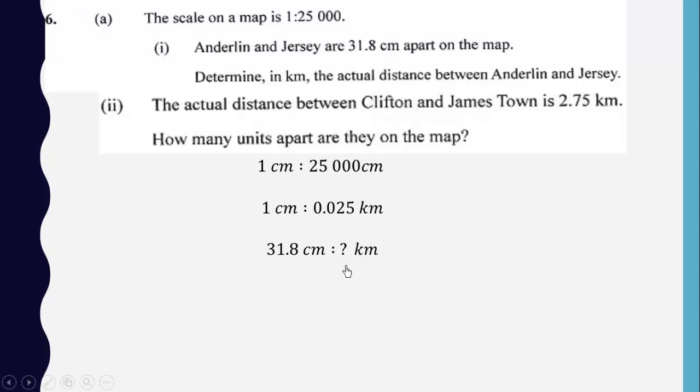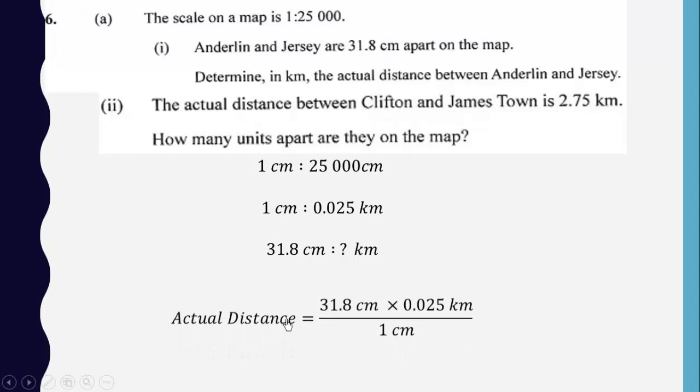Now to do that, we need to do some analysis over here. If 1 centimeter corresponds to 0.025 kilometers, then 31.8 centimeters will correspond to something more or something less? So you can see that this will be more. If this will be more, then the less of these two will divide. If more, less divides.